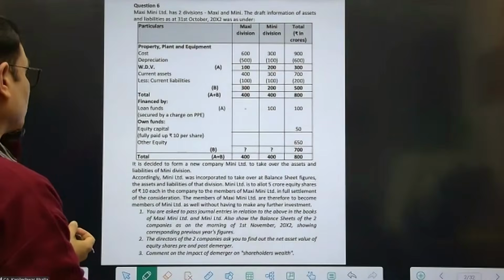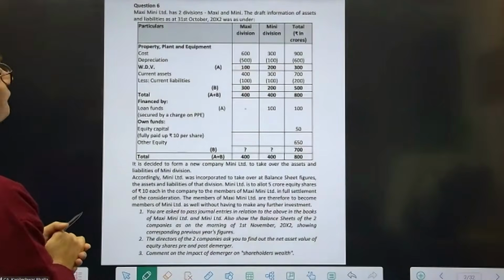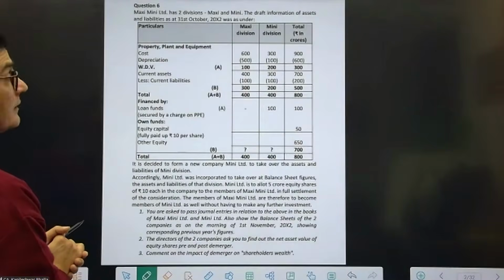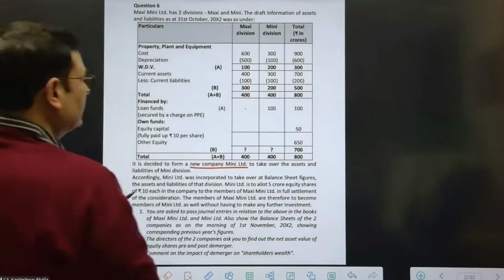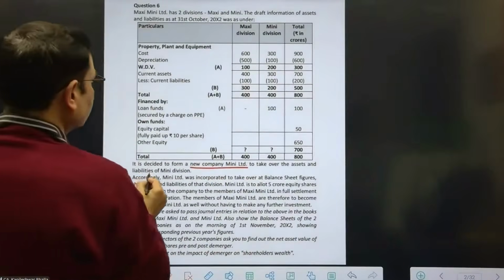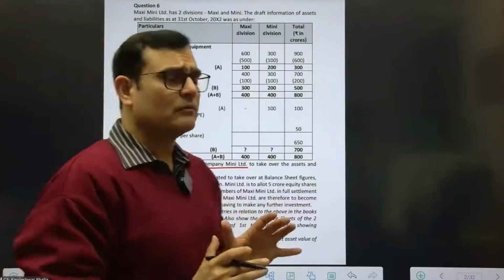Okay, so let me read the input. Maxi Mini has got two divisions, Maxi and Mini. The draft information for the assets and liabilities are given, and then it says it is decided to form a new company, Mini, to take over the assets and liabilities of the Mini division. Just to give you a little background, though I think you would have done this question earlier in the regular sessions as well.